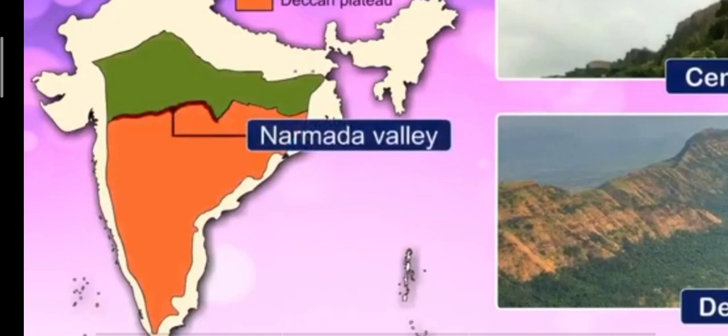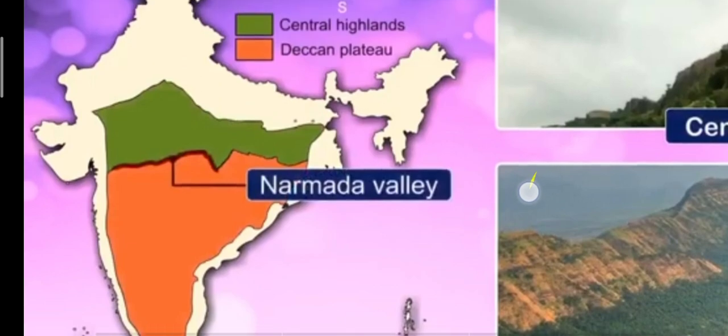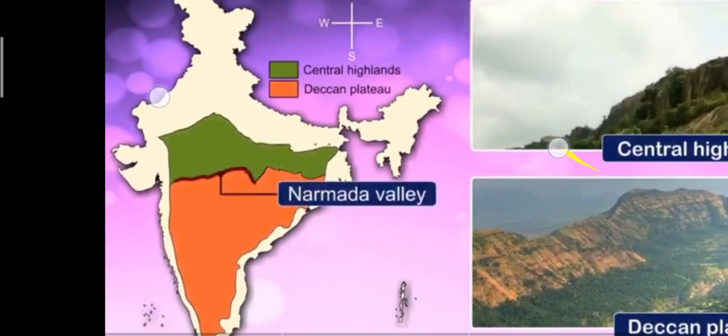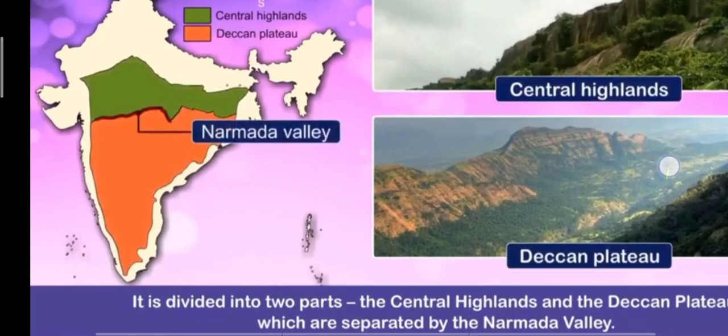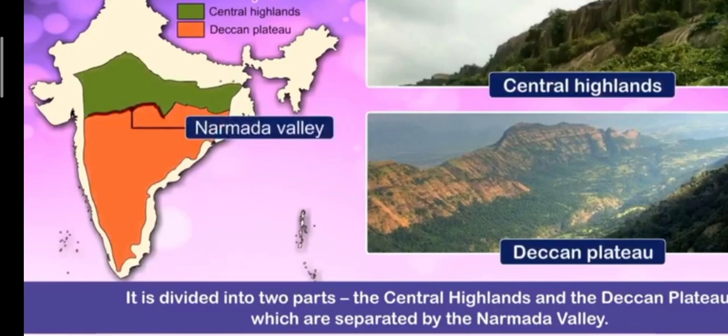And both these parts are divided by the Narmada Valley, which is also clearly shown in the picture. So this is the division of the Southern Plateau. The Southern Plateau is divided into the Central Highlands and the Deccan Plateau, and they are also separated by the Narmada Valley.